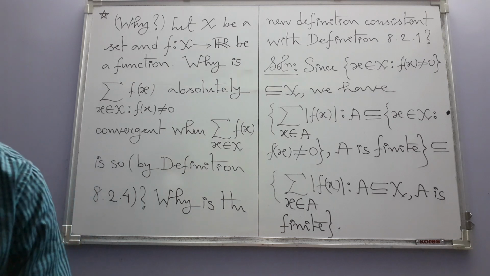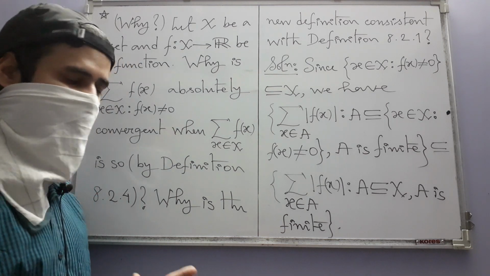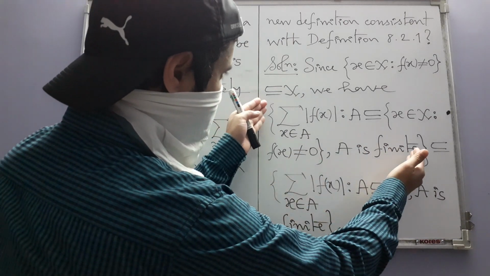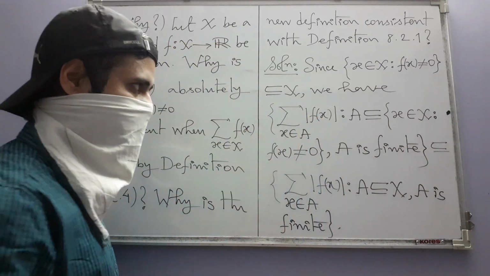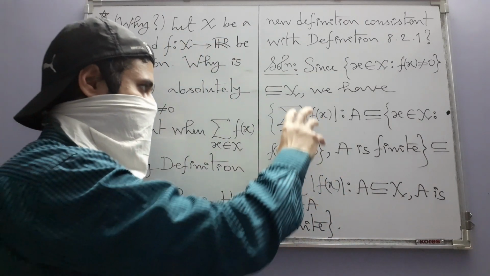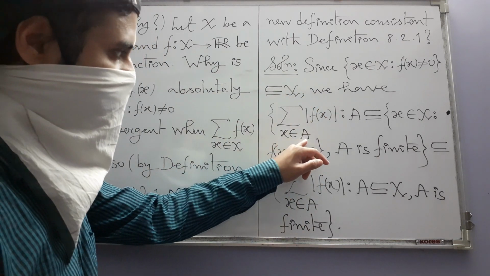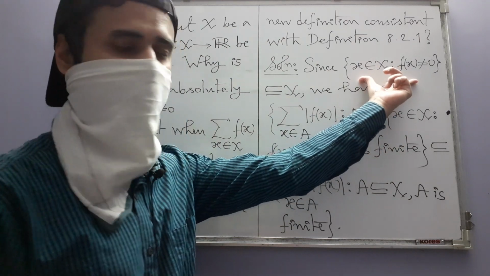Okay, but how? Let's see. It's not that difficult, but still let's see exactly how. In order to prove that this set is a subset of this set, you take an arbitrary element of the first set. That arbitrary element is a finite sum, which looks like this, where A is a finite subset of this set.